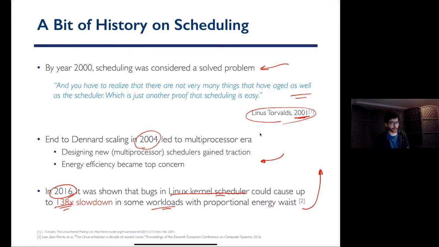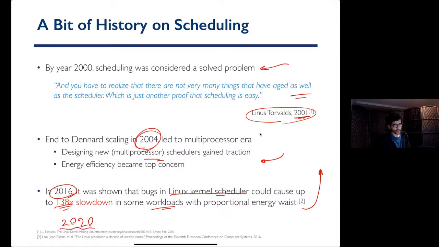So, multiprocessors brought new challenges to scheduling. And one could argue that it's still not a solved problem, not a mature problem for us to say, okay, it's done. But what happened was, if you remember, at the end of Dennard scaling around 2003-4, we started having multiple cores.